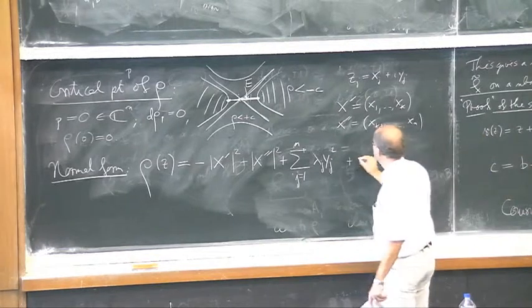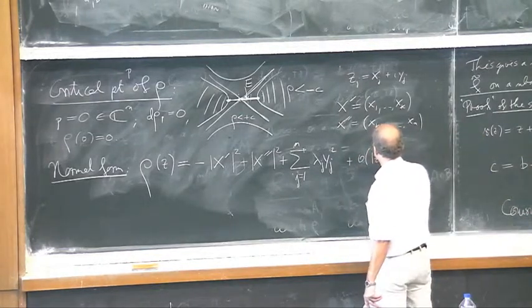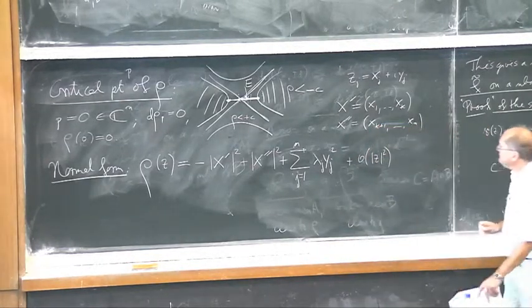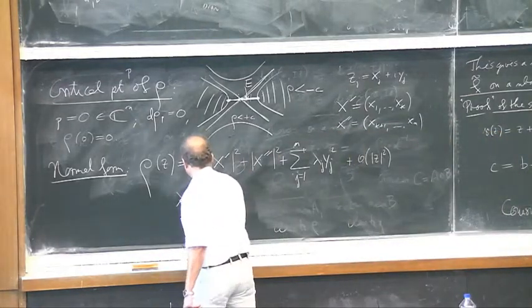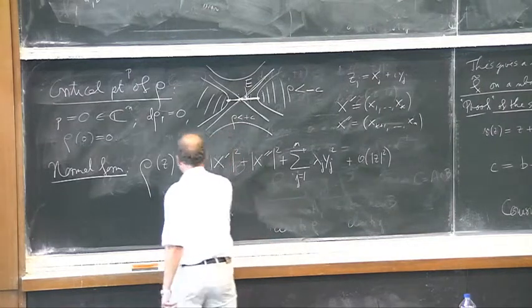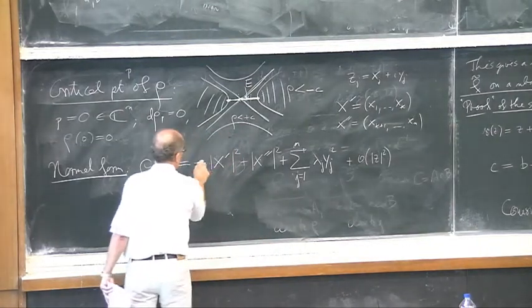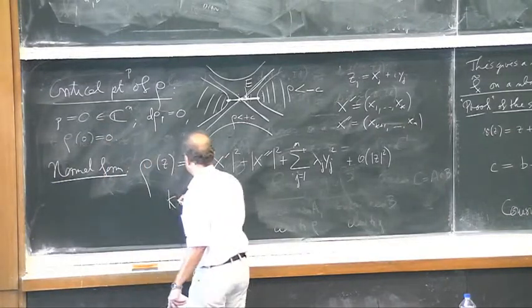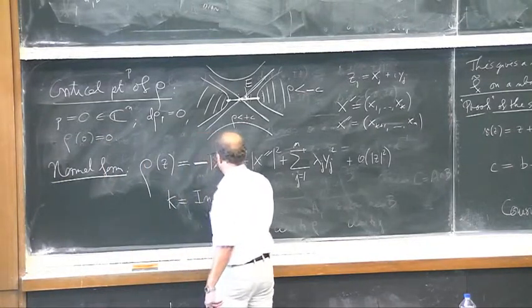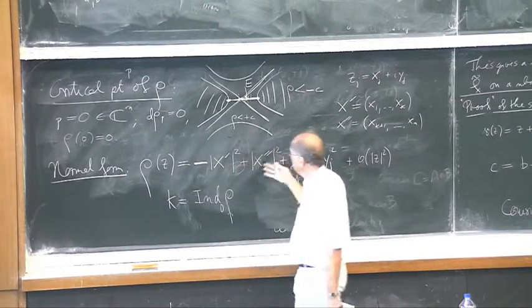Okay, here I need a little remainder too, in general. And in fact, these eigenvalues are such that lambda j, first, what is k? K is the number of minuses you have here, and this is the index. So k is what's called the Morse index of rho at 0, the number of negative eigenvalues.